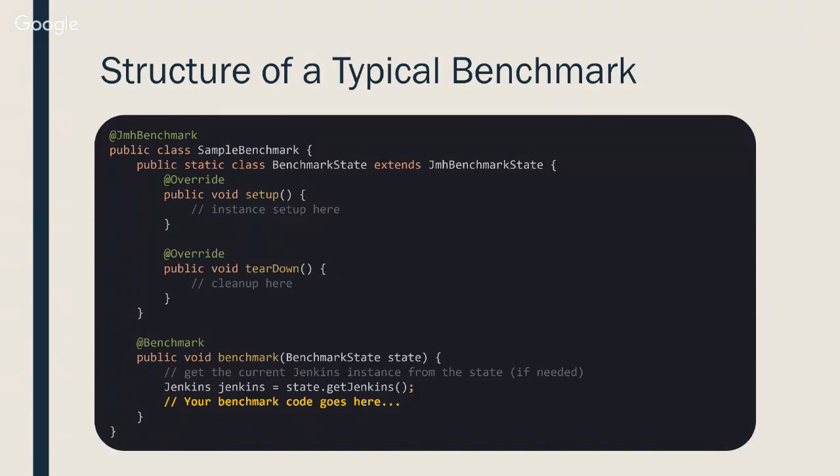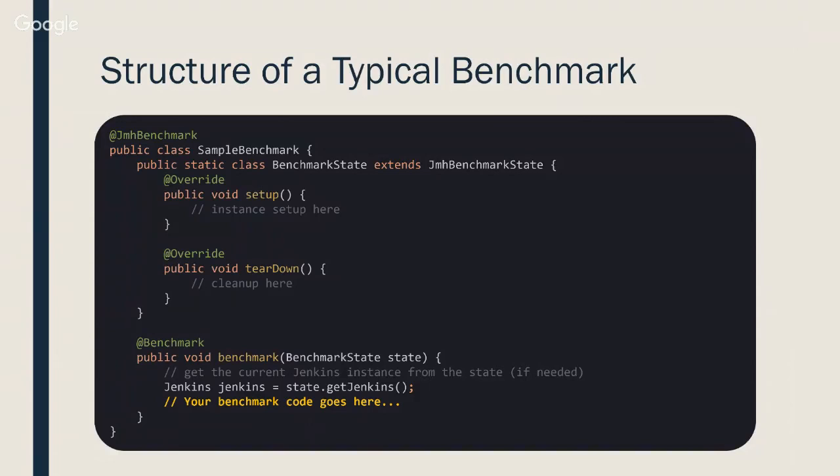What this class does is start up a temporary Jenkins instance. It's almost exactly the same as what the Jenkins test harness does. If you have some specific setup for your own benchmark, you can just override the setup method here. And if you want to do some cleanup, there's the tearDown method.